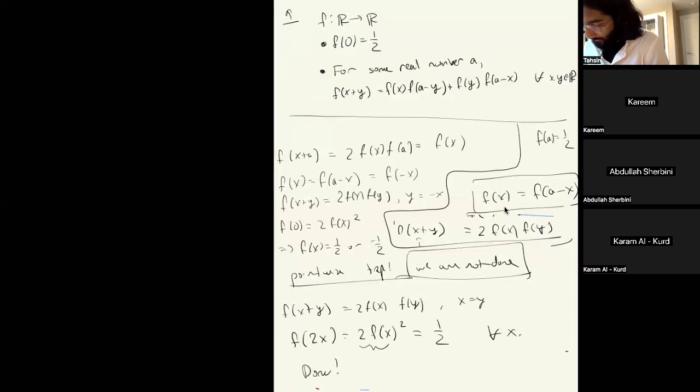So now we wanted to look at number 10 on the homework. So this is question 10. And now we want a function from positive real numbers to real numbers, and it should have three properties.